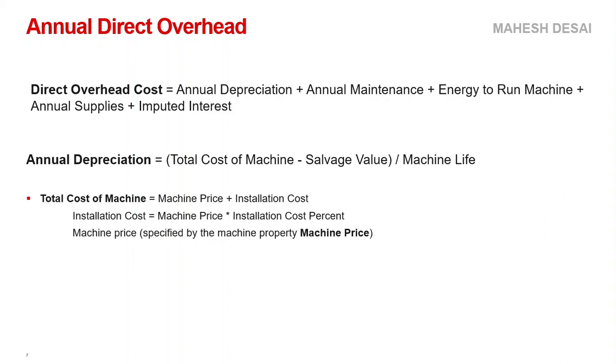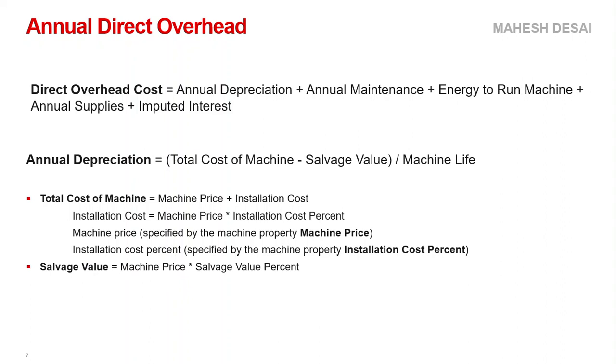In a priori BP, machine price is specified by the machine property machine price. When I cover the sessions on VPs, you will come to know how this information is stored in the a priori virtual production environment. Even this installation cost percent is specified by a machine property.